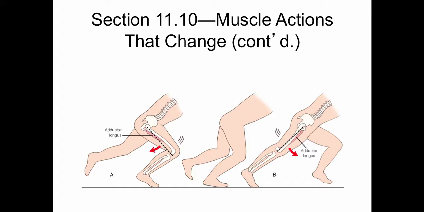However, when the thigh is first flexed to approximately 60 degrees or more, the line of pull of the adductor longus lies posterior to the hip joint, and the adductor longus becomes an extensor of the thigh at the hip joint. This change in action is very useful while running because when a person is in a position of extension, the adductor longus aids in flexing the thigh at the hip joint. And when a person is in a position of flexion, the adductor longus aids in extending the thigh at the hip joint.